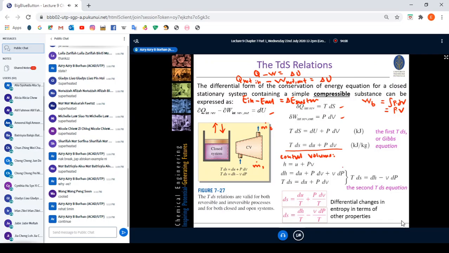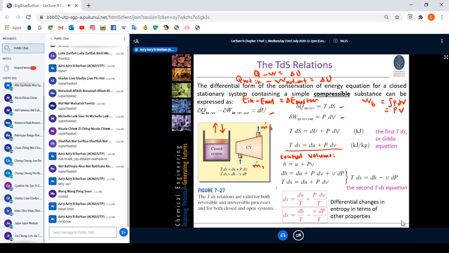All right. So you replace this delta U from the first TdS with this expression over here.